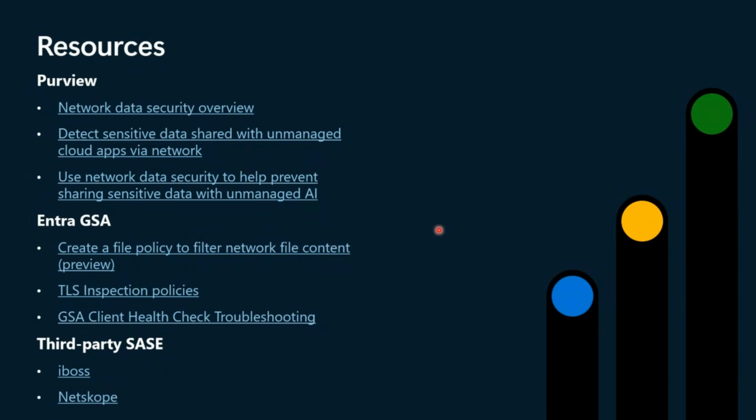And these are some of our resources that we can leverage for configuring the policies on Entra GSA. And apart from Entra GSA, we also support third-party SASE providers like iBoss and Netskope. The experience remains the same. You configure your iBoss and Netskope with their respective configurations, and you integrate it with Purview.